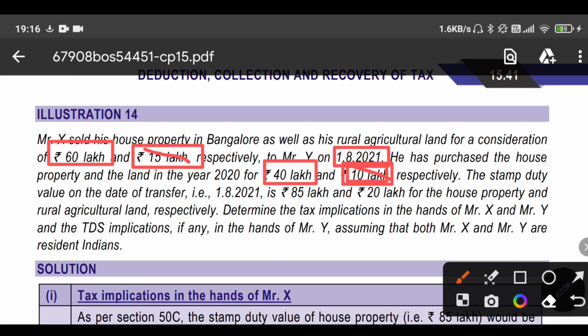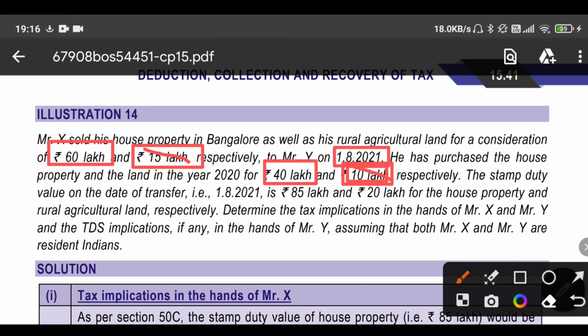So house property is sold for 60 lakh, but the stamp duty value as on the date of transfer is 85 lakh. So we will consider 85 lakh as a full value of consideration. We have to deduct 40 lakh, that is the cost of acquisition, and there will be no indexation as the holding period is up to 2 years, right?